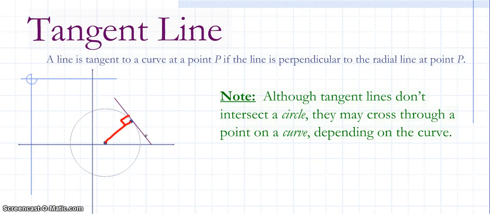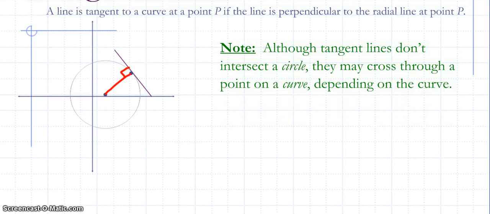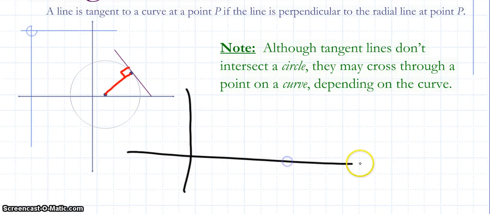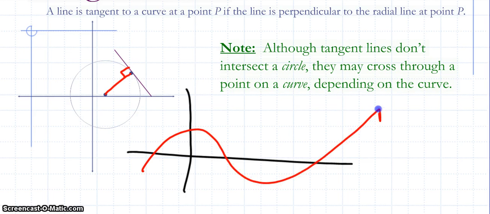One thing we want to note is that although a tangent line doesn't intersect a circle, they may cross through a point on a curve depending on the curve. So what I mean by that is, for instance, if I draw, let's say, this curve like this, well, remember when we say a tangent line, it creates the point of tangency where it's perpendicular to the radial line at that point. So it doesn't intersect the curve at that point.